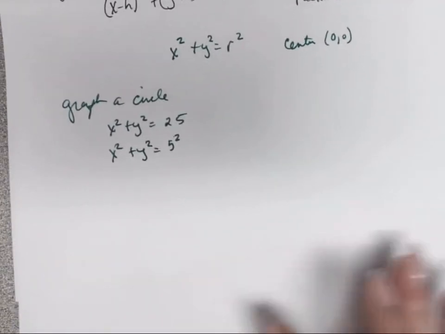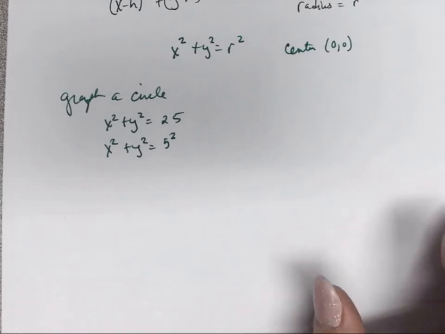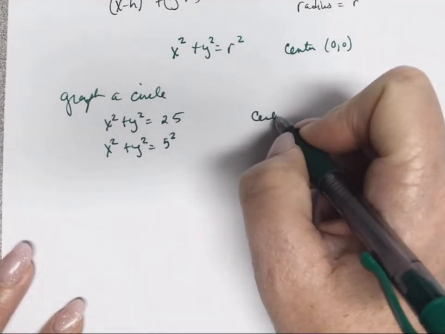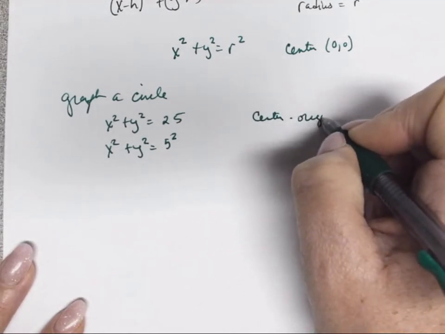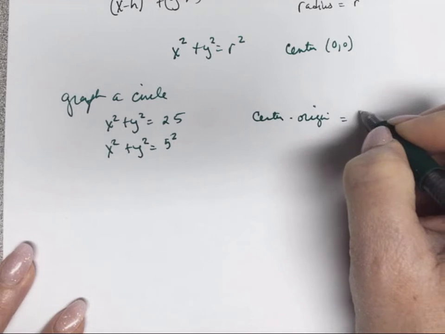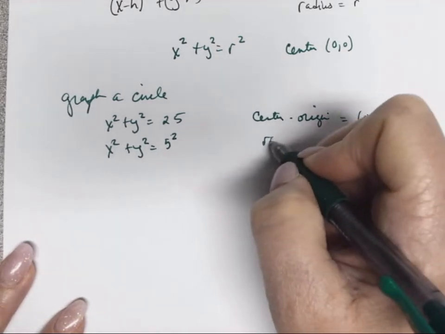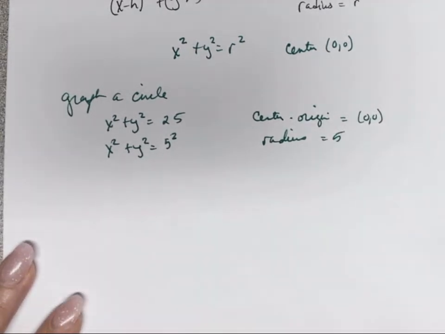So we take the square root of 25, and it's just a positive value in this case. So we're looking at our center is going to be at the origin, because it is equal to 0, 0, and our radius is equal to 5.